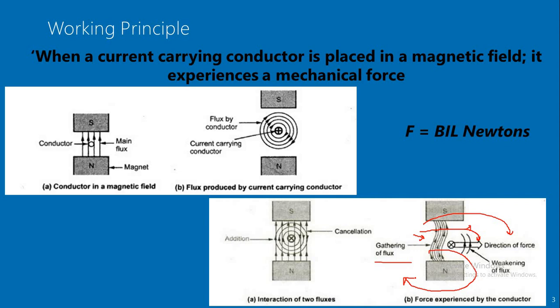Once it starts to push the conductors with the help of torque, the rotor conductors start to rotate in the DC motor, hence the rotor starts to rotate. So this is the working principle of DC motor: whenever a current carrying conductor is placed in a magnetic field, it experiences a mechanical force.